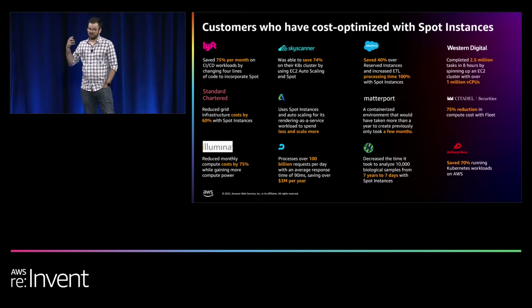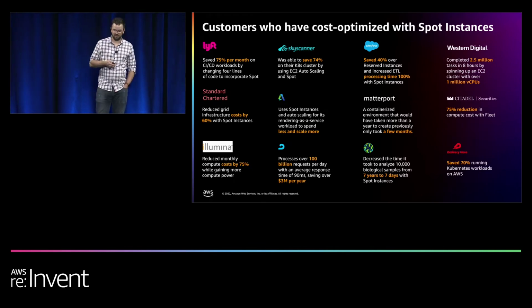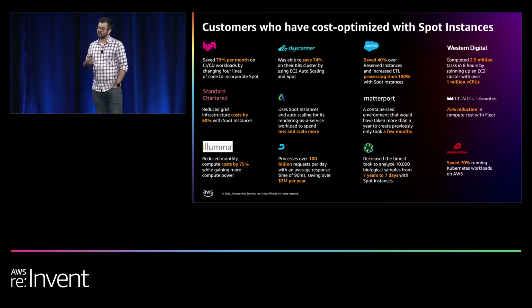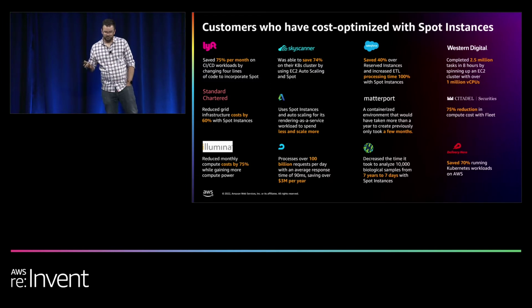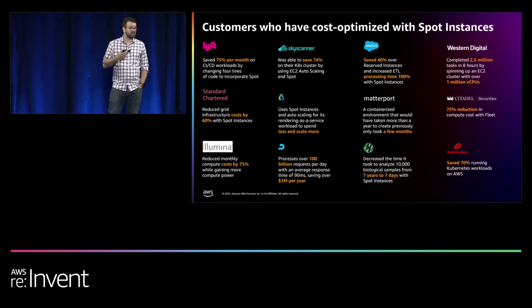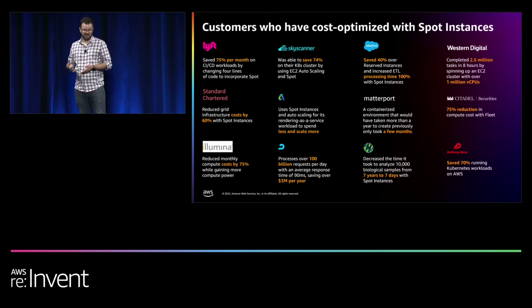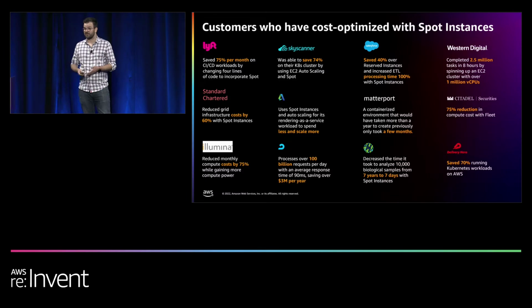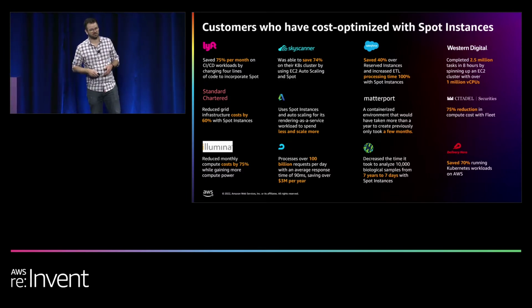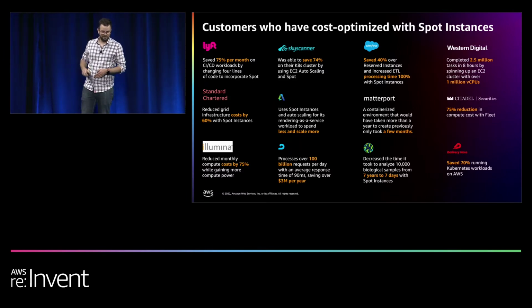You have companies like Lyft, who save 70% off their CI/CD workloads just by changing 4 lines of code, or Skyscanner, who saves 74% by moving their Kubernetes cluster to Spot. So I want your takeaway to be that it doesn't matter what you're running, there's probably an amount of your infrastructure that could run on Spot, and that'll help you save money and help us run our data centers more efficiently. So it's really a win-win.